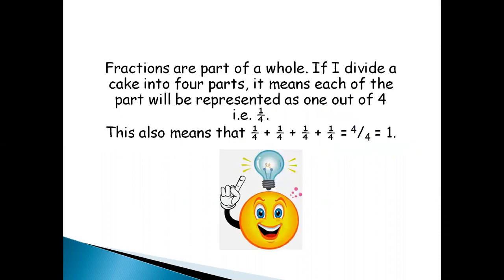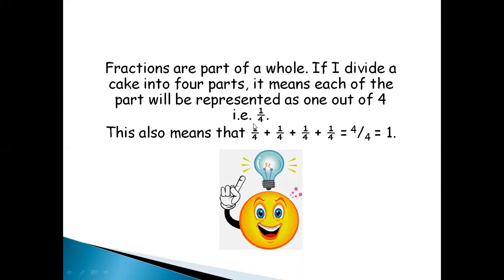So first of all, let's look at fractions. Fractions are parts of a whole. So if I divide a cake into 4 parts, each of those parts is what? 1 out of 4. That is 1 over 4. So each part is 1 over 4, 1 over 4, 1 over 4, 1 over 4.